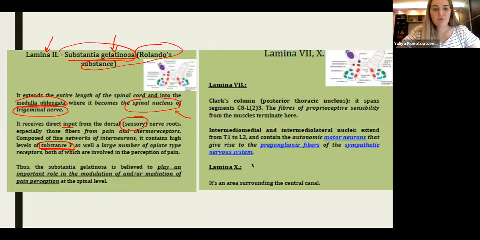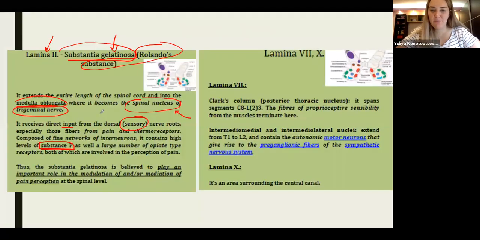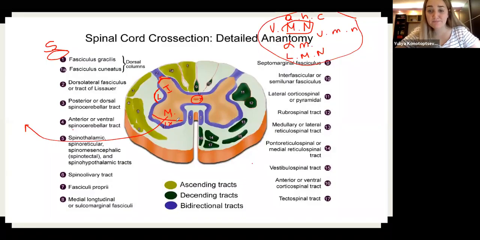Inside of the lamina number 9, we have Renshaw inhibitory interneuron. Okay, so in the lamina where I am, in lamina number 9, here I have interneuron. And when this motor neuron receives input that it needs to stimulate skeletal muscle, the axon leaves, right, in the ventral root, in the spinal nerve, peripheral nerve, it goes all the way to the skeletal muscle.